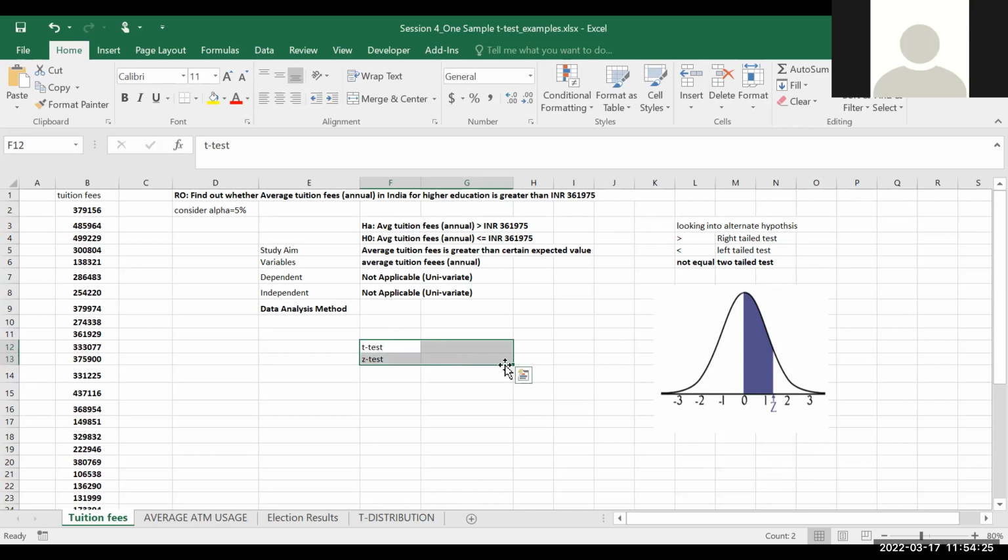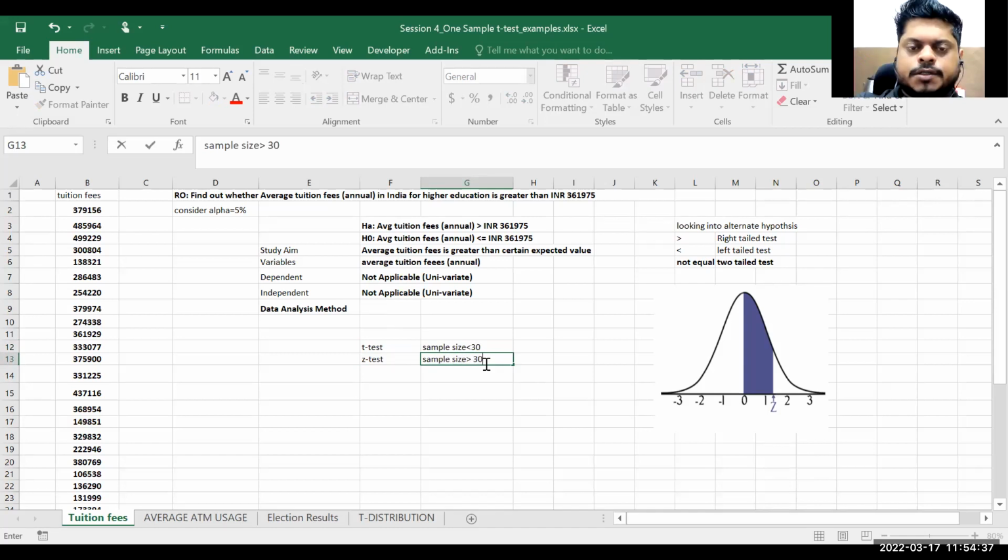Sir, I guess t-test is for a small number of samples, like less than 30, and z-test is for more than 30. Okay, 30. What else?